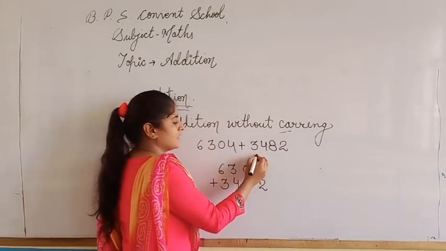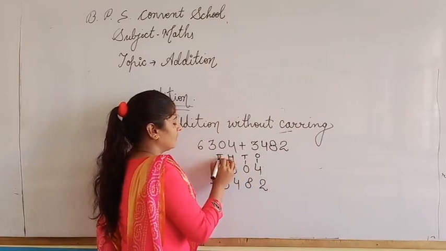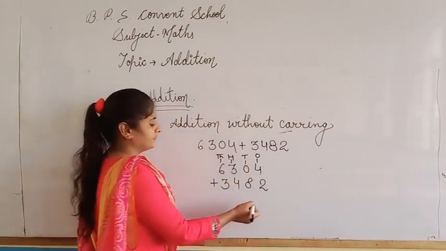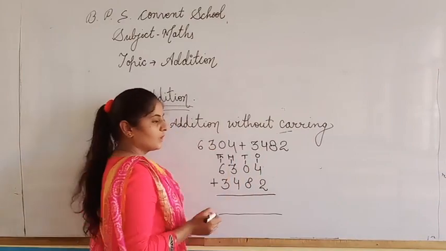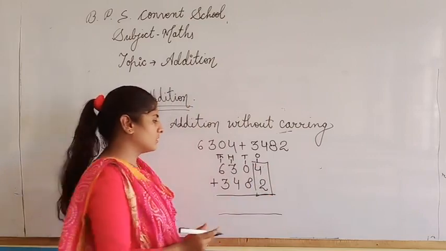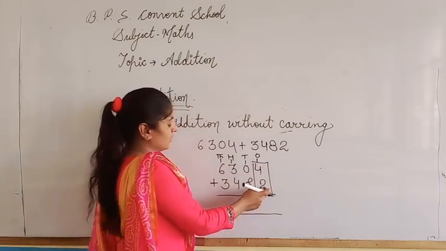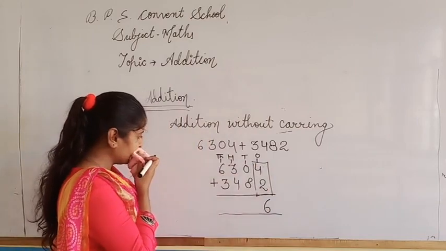Write the places: ones, tens, hundreds, thousands. First, ones column digits, 4 plus 2. 4 plus 2 is equal to 6.